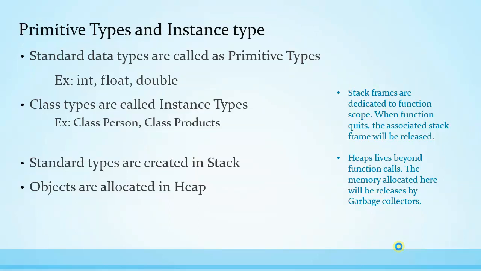Let's see some examples. For example, a class person or class product: if you create an instance of it using the new keyword, then the object is actually created in the heap. That means memory is allocated in the heap, and the location of that heap address is stored in the reference.